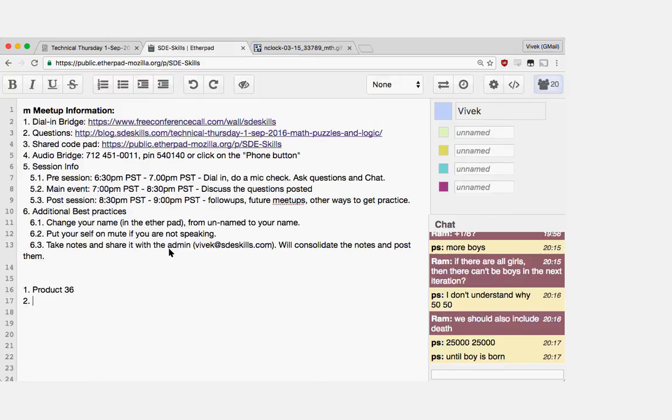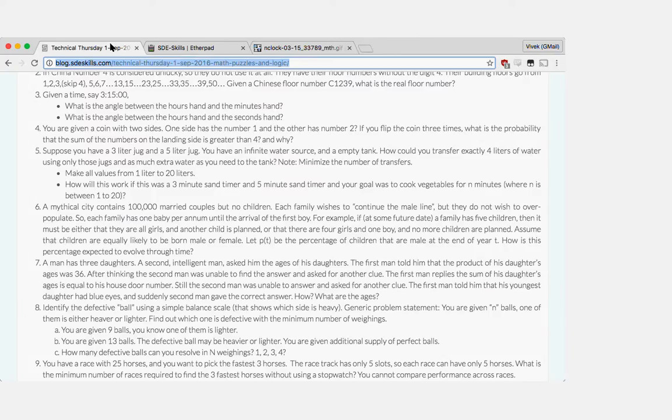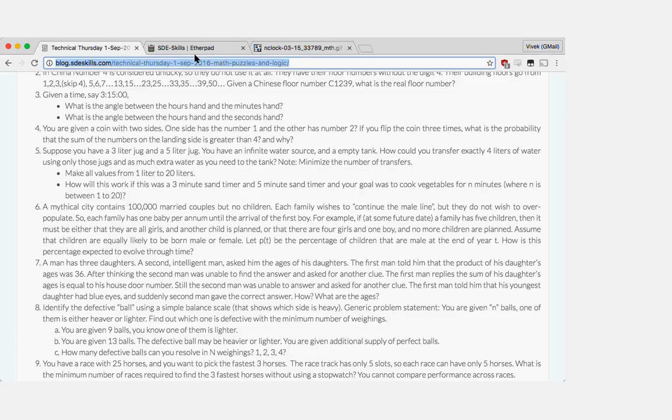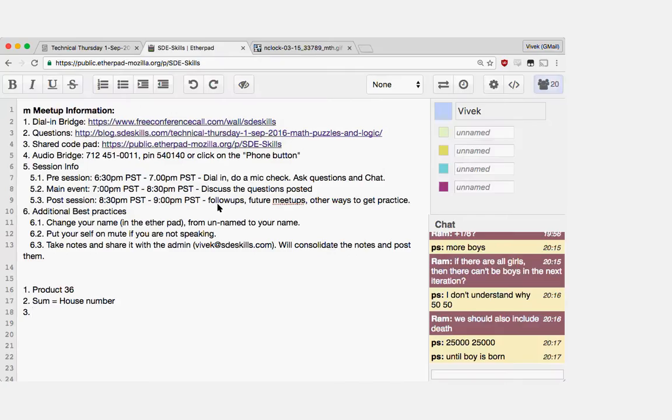The second clue is that the sum of their ages is his house number. And the third clue, he still can't answer, is that his youngest daughter has blue eyes. So he found the answer.